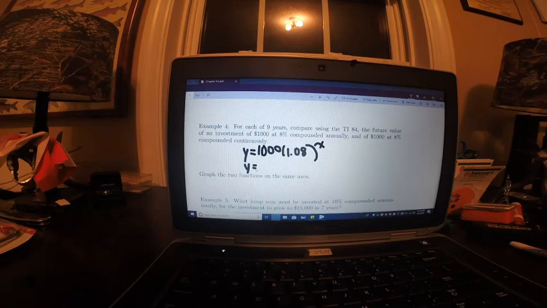So I'm still investing that $1,000. So P e, there's your e, to the rt. So my rate is 8%, 0.08. I'm trying to make this as clear as I can. And that'll be raised to the t. So those are the two equations I'm going to type in the calculator really quick.